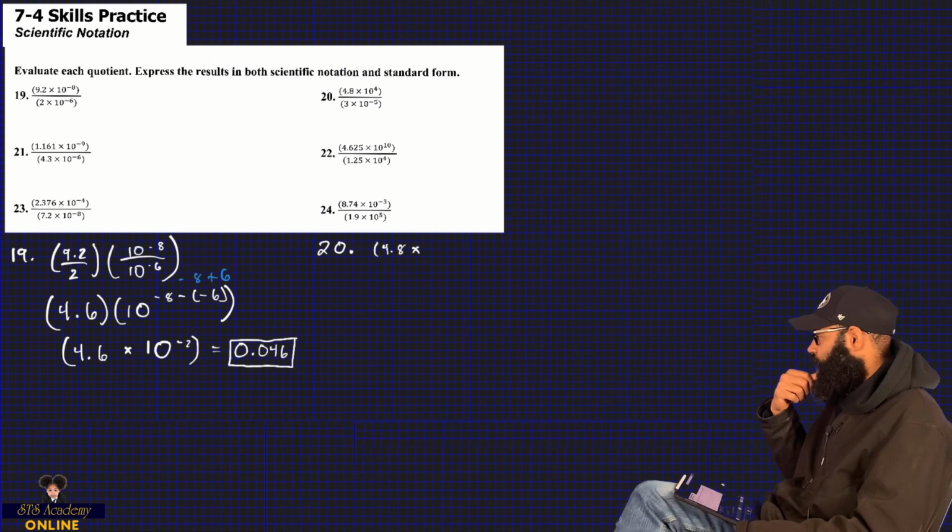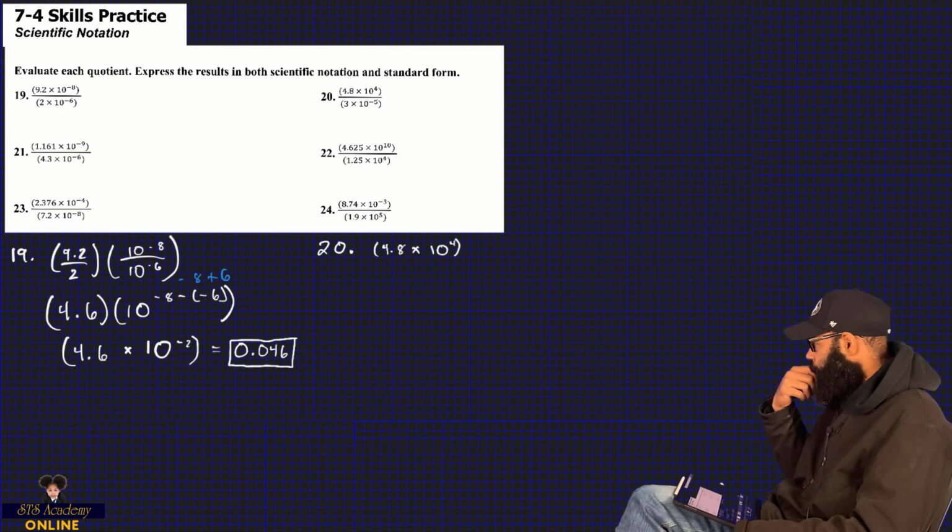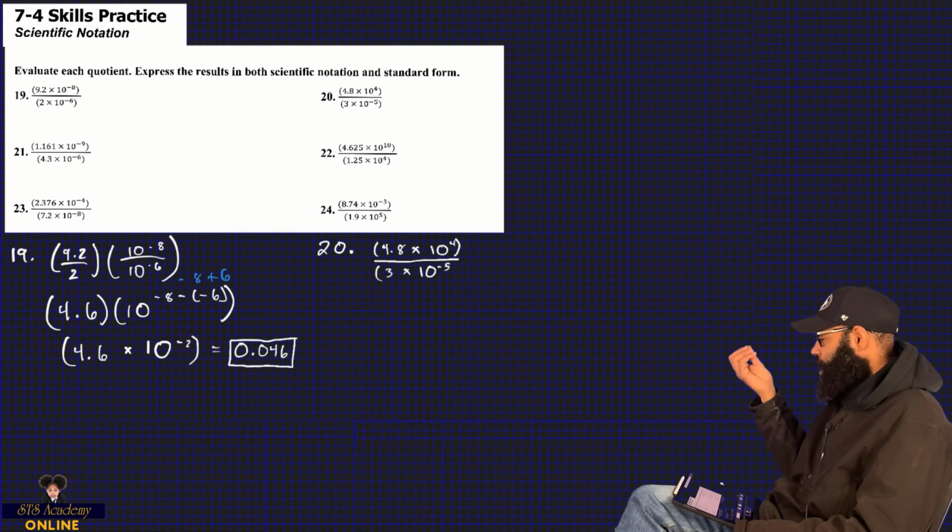But for 20, again, 4 and 8/10 times 10 to the 4th, all divided by 3 times 10 to the negative 5th. So, recognizing when seeing scientific notation, I can break it off.